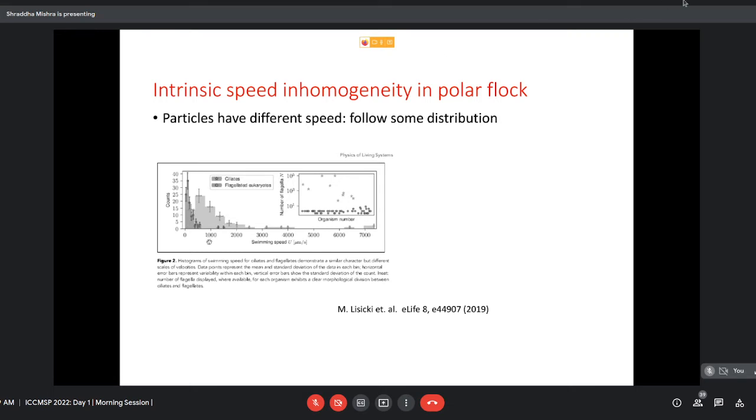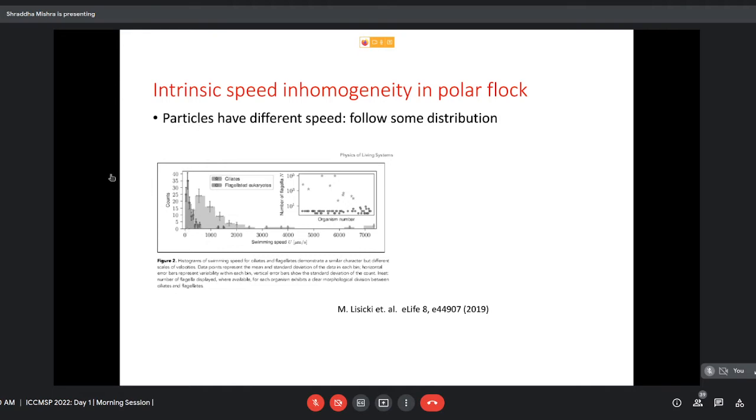If it were a constant speed, it should be a delta function. But we can see for two different species a very broad distribution. For one case, it's almost a very broad log normal distribution. For the other case, it's a little bit narrower. The speed inhomogeneity is present in the system.